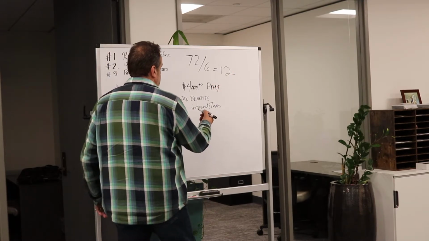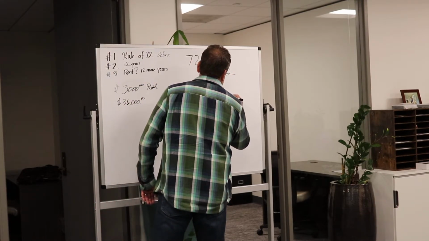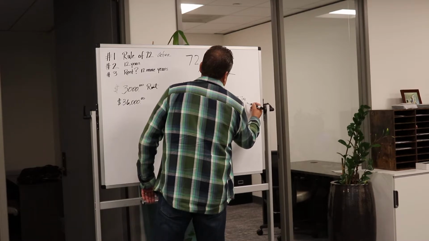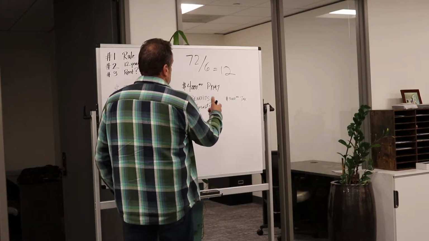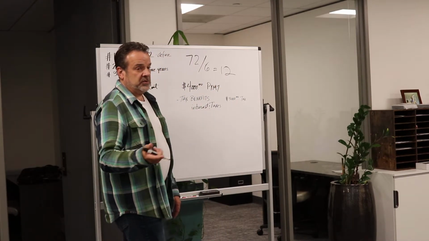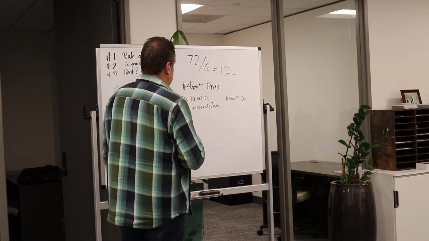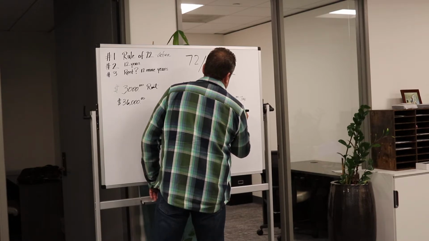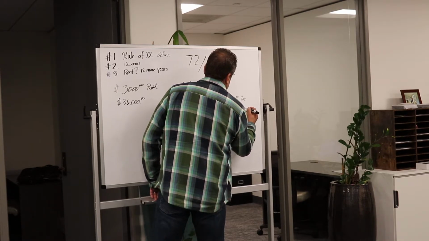Let's just say, make it easy, about $3,000 of that is a tax write-off. The rest, the $1,000, goes to insurance and to the principal that you pay off. So that means in a year, you save $36,000 in taxes.